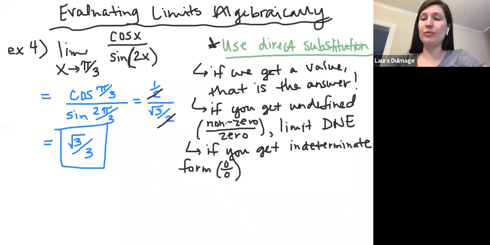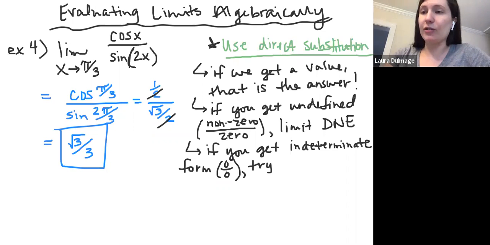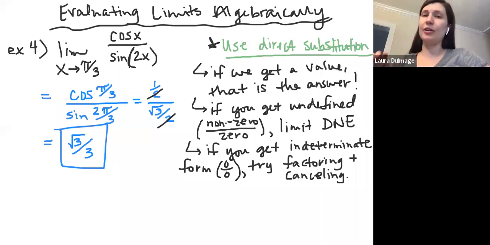Undefined is if you had like 4 over 0. Indeterminate form is literally 0 over 0. So if you get that, then you should try an algebraic method. The one we're going to look at this year, you'll have a few more next year in AP, is factoring and canceling. This is a common way to get around a removable discontinuity.